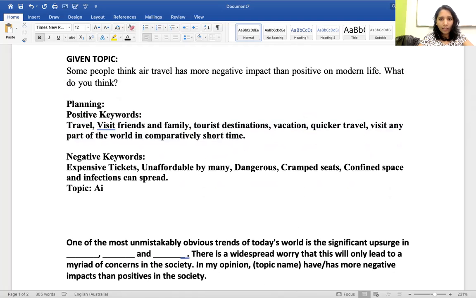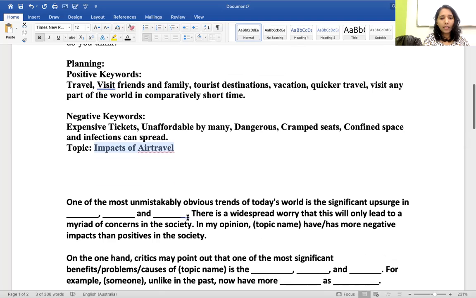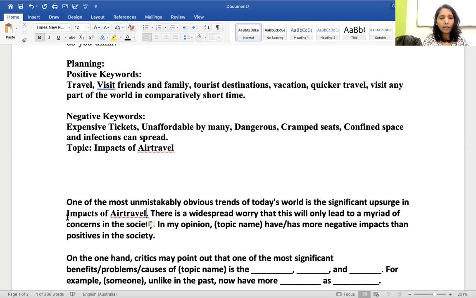Topic name would be air travel, or the impacts of air travel. One of the most unmistakably obvious trends of today's world is the significant upsurge in the impacts of air travel.